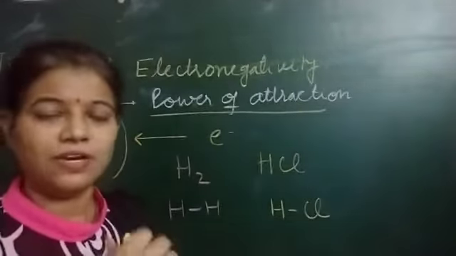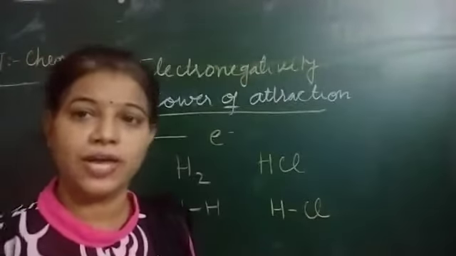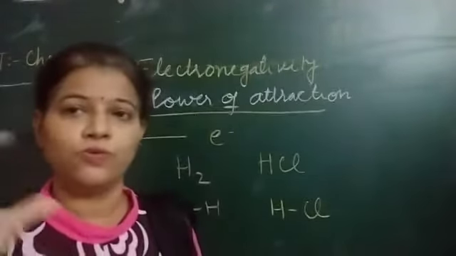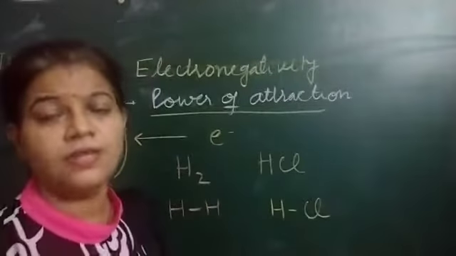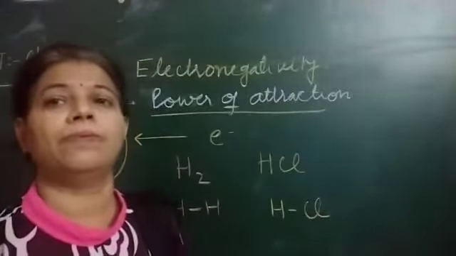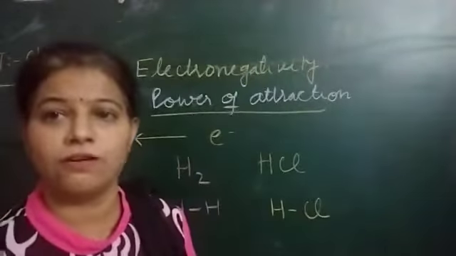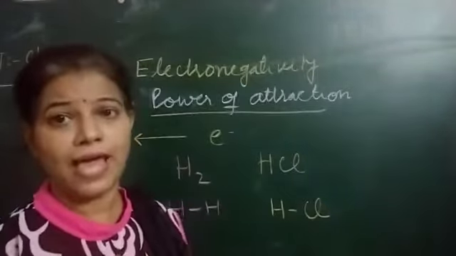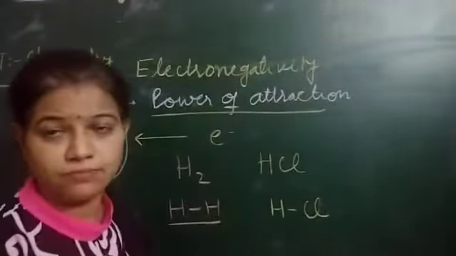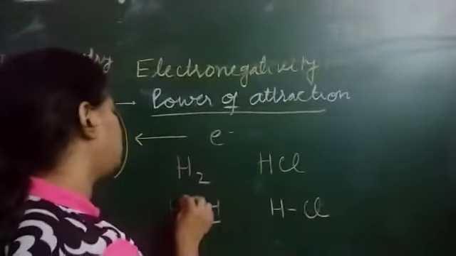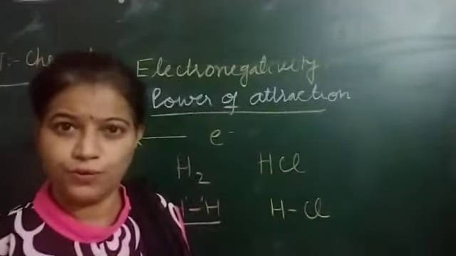A covalent bond is a bond which is formed by sharing of electrons. So remember, these two atoms of hydrogen share the electron pair between them. Here again, hydrogen and chlorine share a pair of electrons. Now see what will happen. In H-H, they both are the same, so they both attract the electrons towards themselves equally, right?